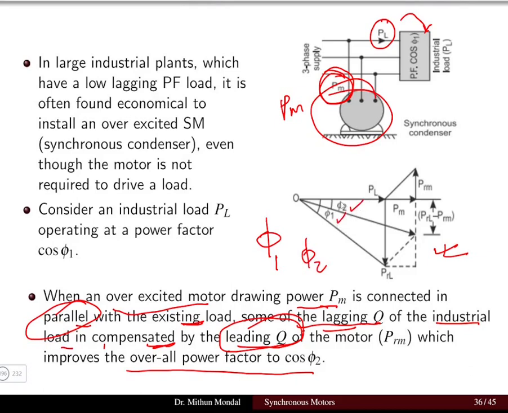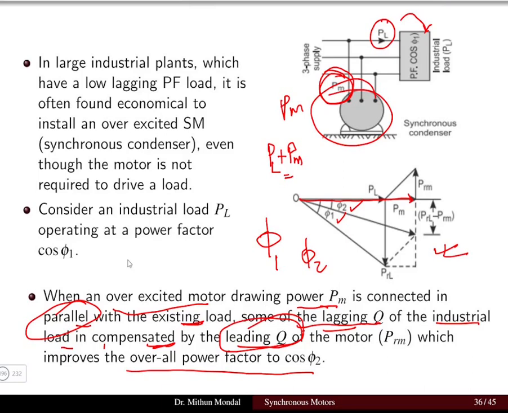This change has increased the overall current, and the power associated with it has increased. Earlier the power was PL, now there is an extra amount of power PM which is taken by the synchronous condenser. So the net availability of power has changed. This will improve the power factor.